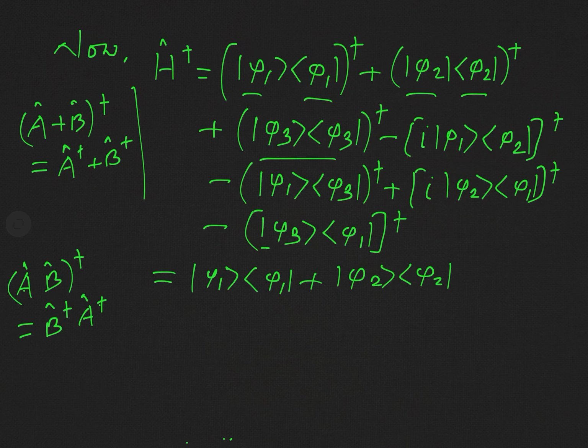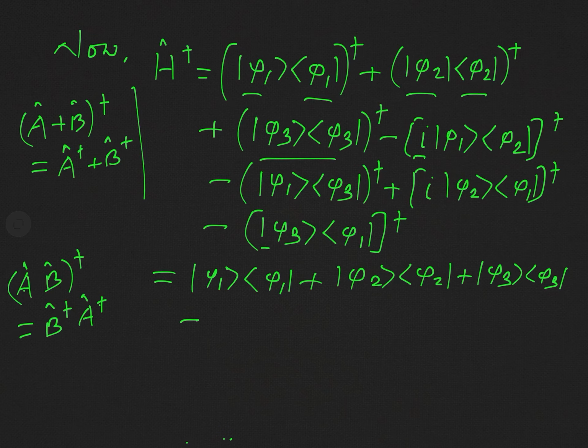This is also the same as the first and second term, so this is plus Ket phi 3 Bra phi 3, and minus.